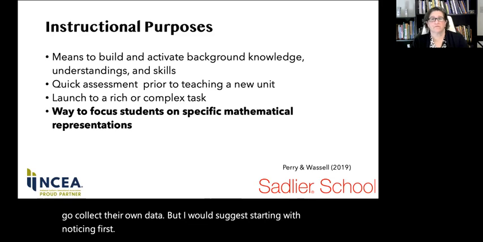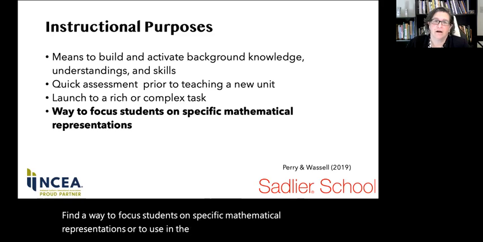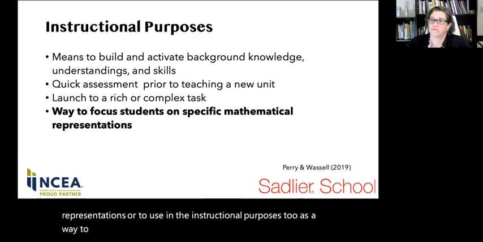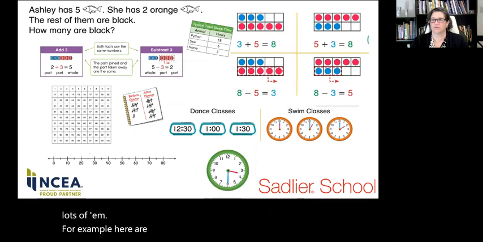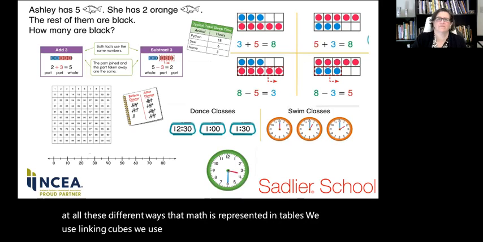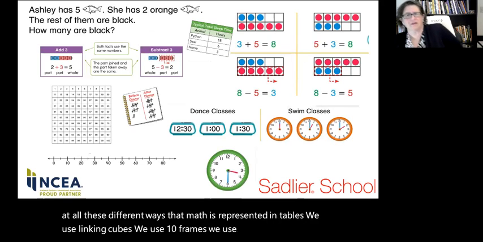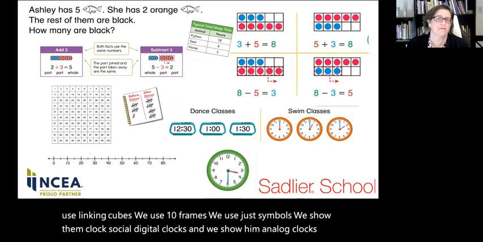A final way to use the instructional purpose is as a way to focus students on specific math representations. So we have lots of them. For example, here are some 5th grade and 1st grade examples. Look at all these different ways that math is represented. Some tables, we use linking cubes, we use 10 frames, we use just symbols, we show them clocks, we show them digital clocks, and we show them analog clocks, and we show them number lines.